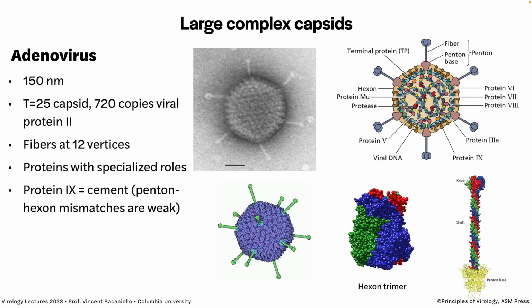So as you make bigger virus particles, these penton-hexon interactions are weaker than, say, penton-penton interactions that you would get in the smaller particles. So as you get bigger, less stable, so you end up having to put other proteins in to compensate. And this is one of them. It simply helps to glue the hexons together. In fact, it's called the cement protein.